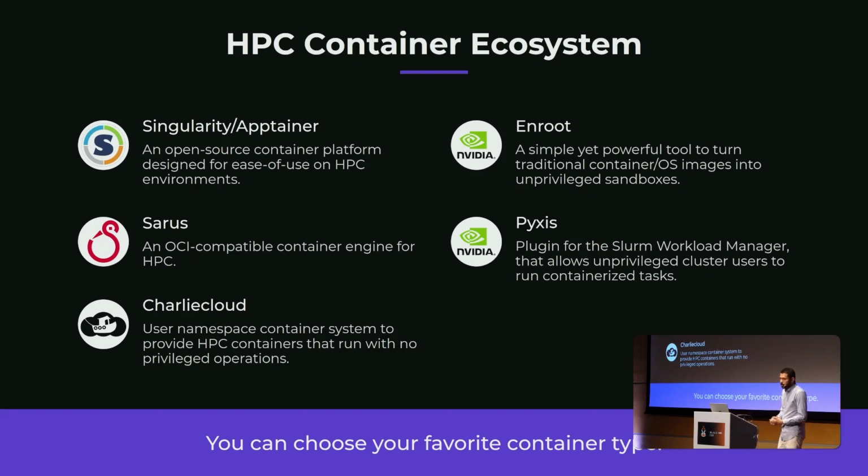And last but not least, we have Enroot and Pyxis. Those both are from NVIDIA. So Enroot is a tool to basically get a Docker image and turn that image into a sandbox to run in the cluster.